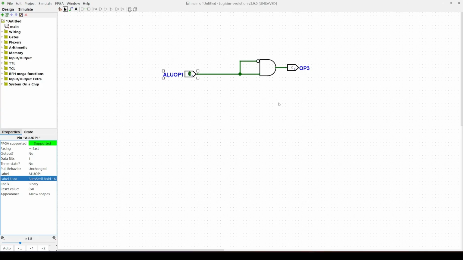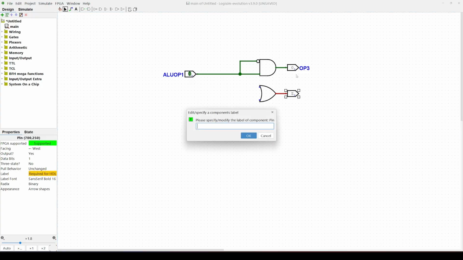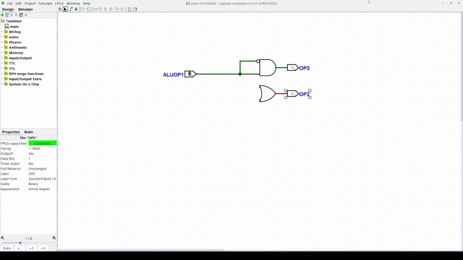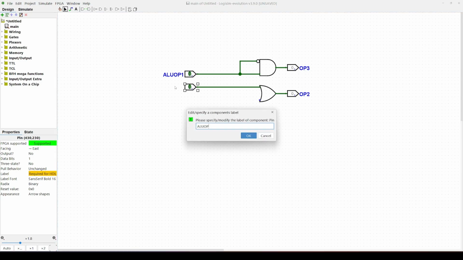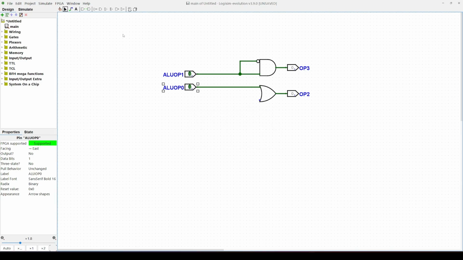Then we have an OR gate here. That one was our OP2, and that one came directly from OP0. Then we have an AND gate. One of the inputs was from OP1, and the other one was from F1.